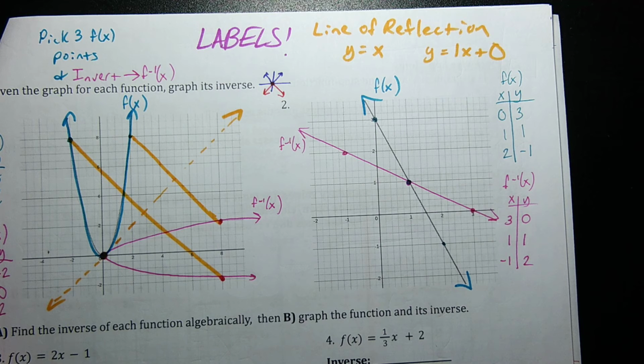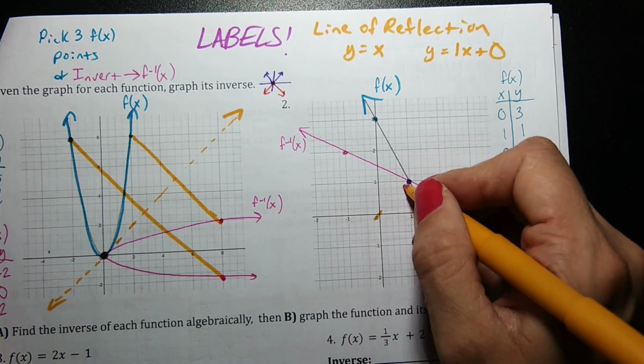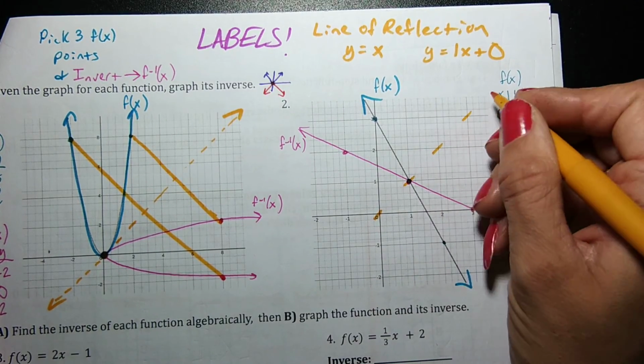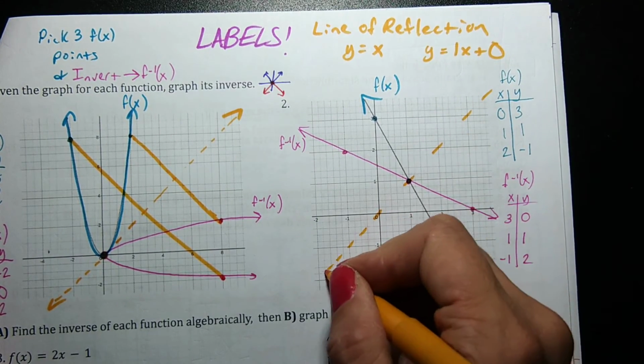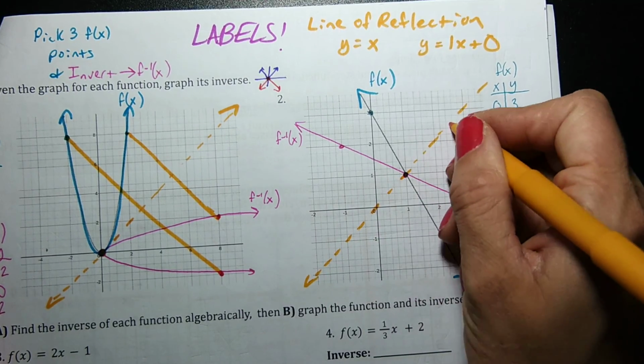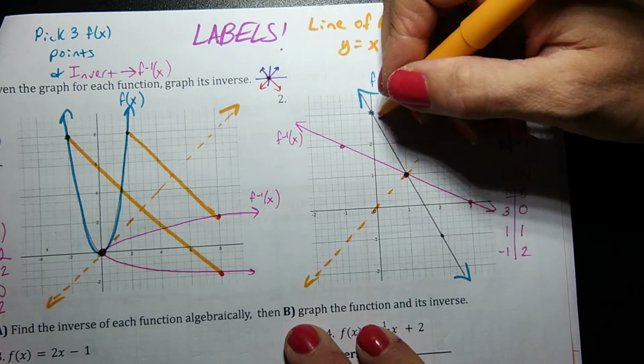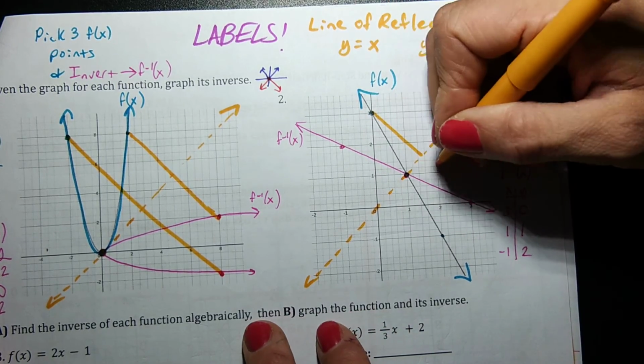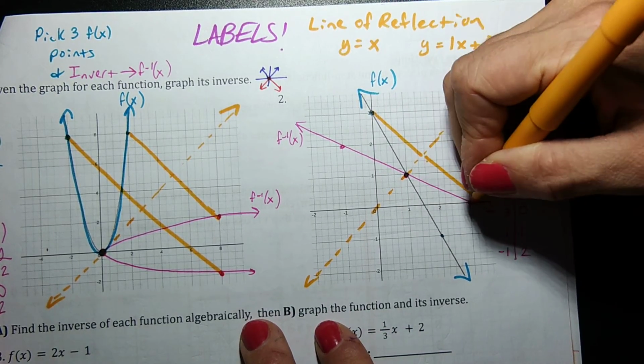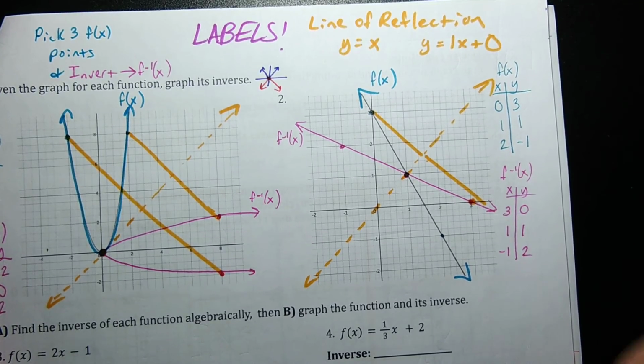And we are now going to put up the line of reflection and see if it looks good. We go through 0, 0, and up 1, over 1, up 1, over 1. Down 1, back 1, down 1, back 1. So does it look like our original function point reflected across the line? Over to the other side. Yep.